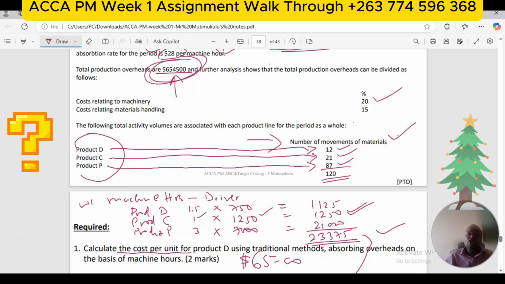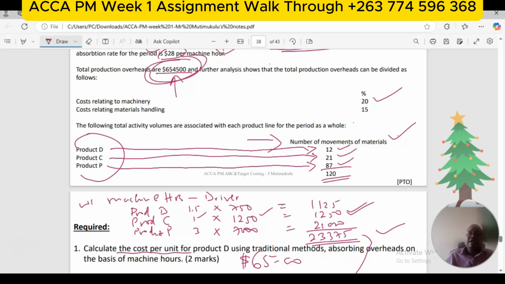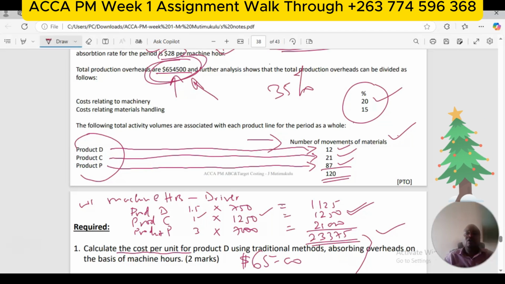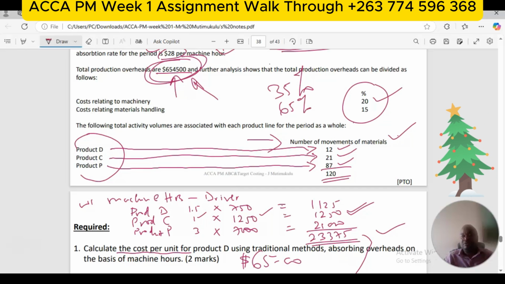Are we together? So one thing I had left out is, as you can see here, we are only talking of the 35% of the total cost of 654,500, which means the other 65% relates to other cost pools.